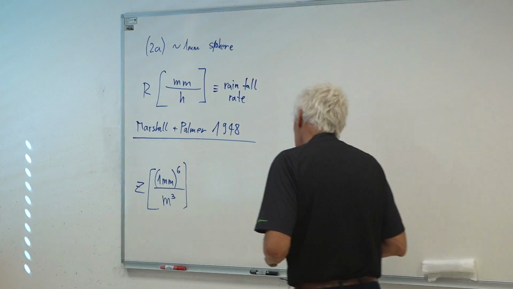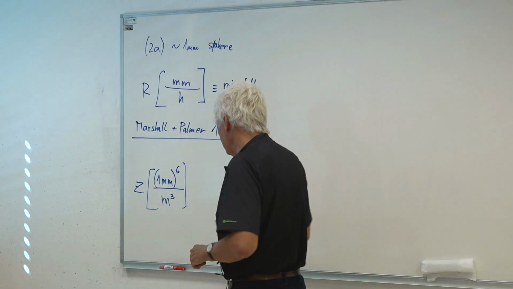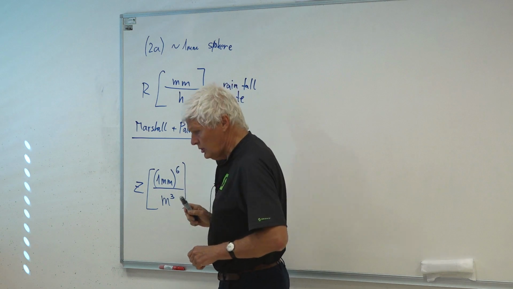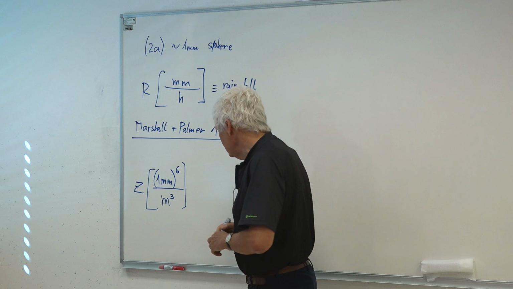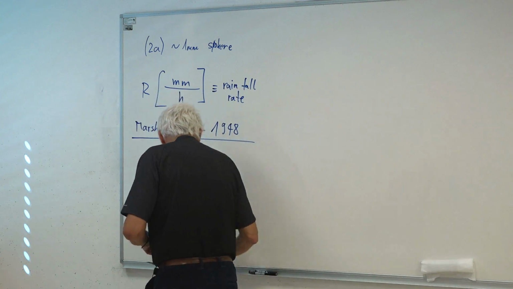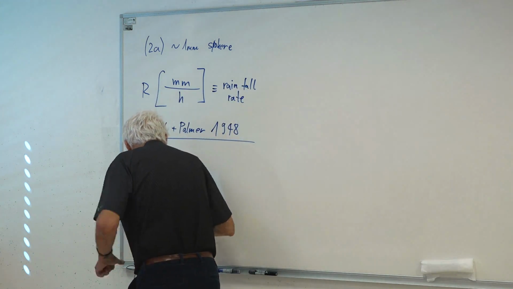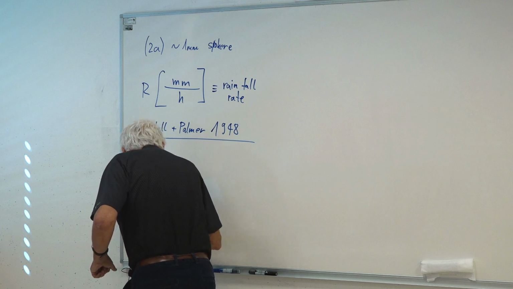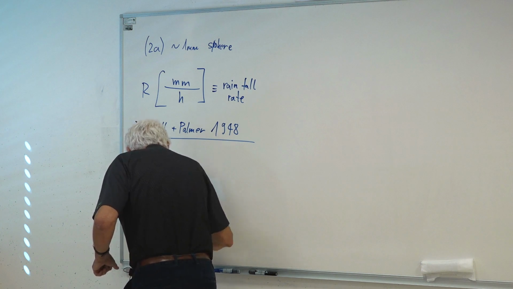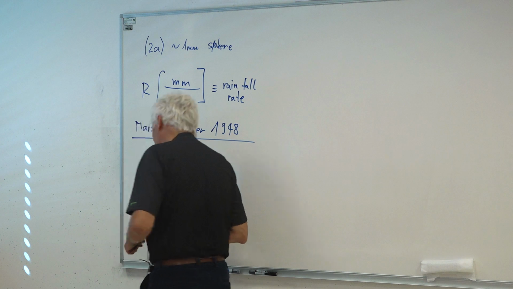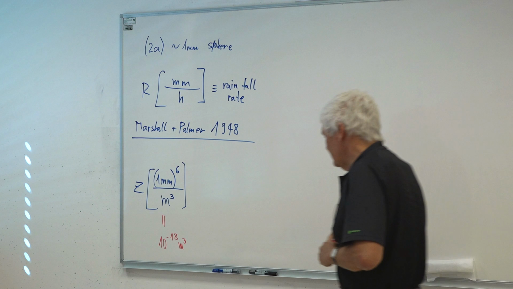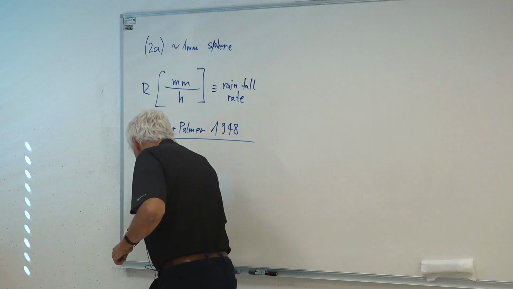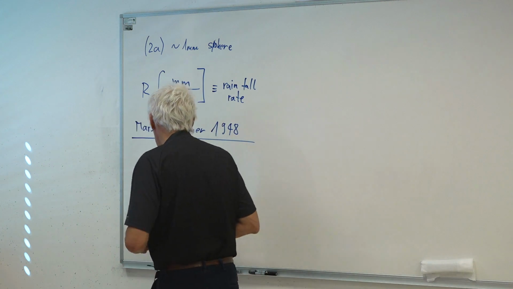They defined this Z with a little bit strange units. It is millimeters to the 6th power per cubic meter, which is equal to 10 to the minus 18th power of meters cubed. These units are a little bit strange, but they're made practical for practical rainfall.